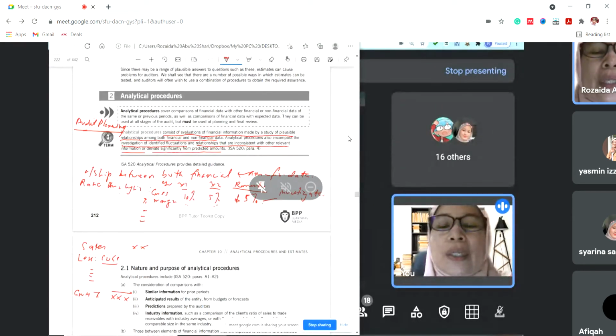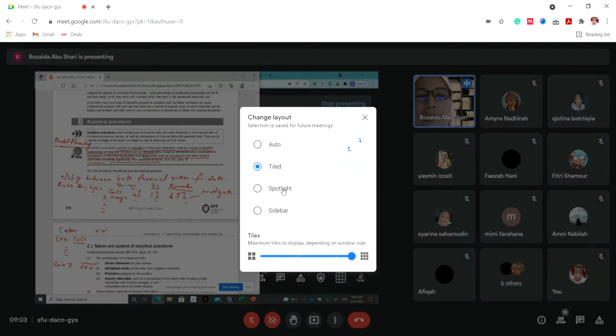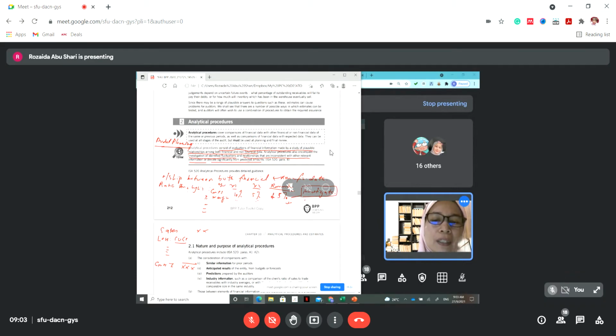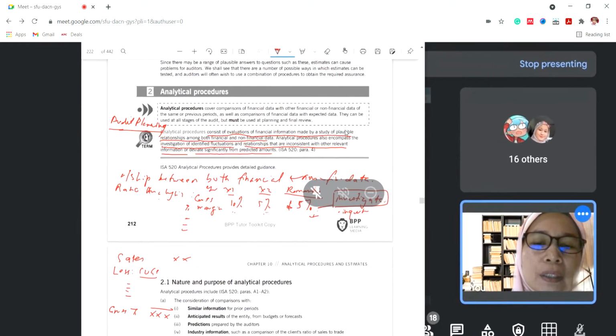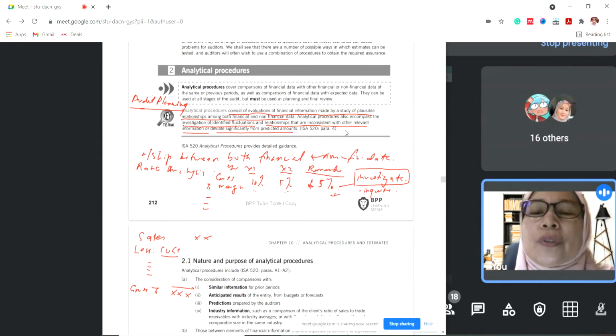That is what you expect. If it is reduced, then it's okay, but you need to investigate by inquiring of the management. So that is analytical procedure.